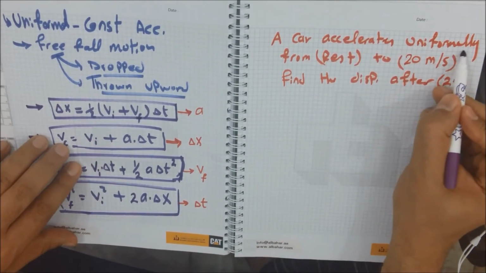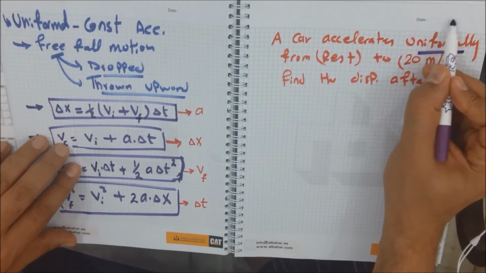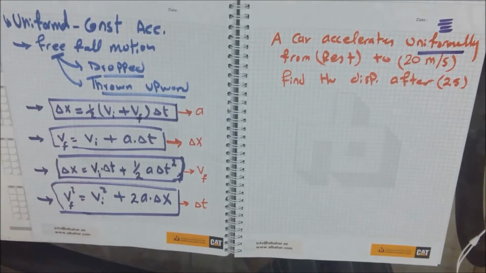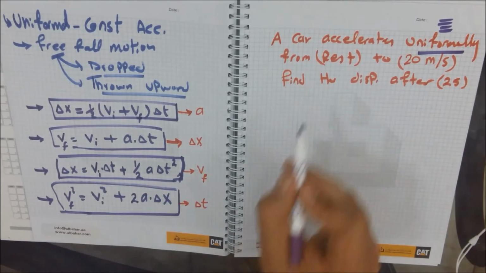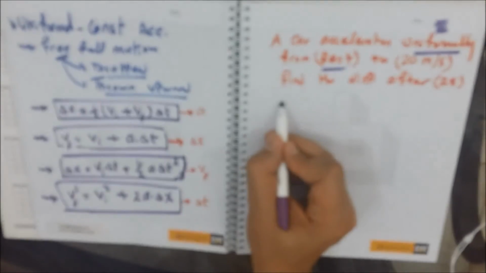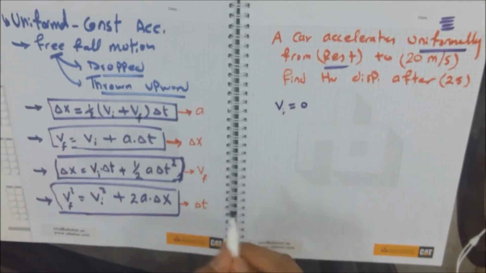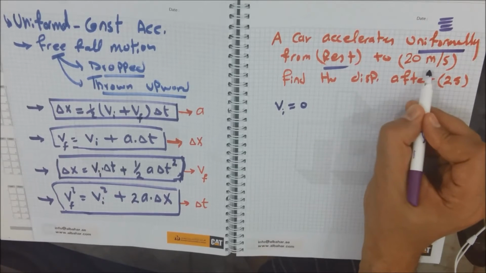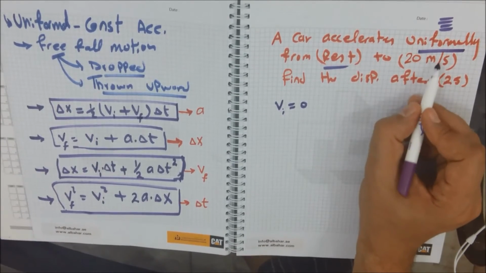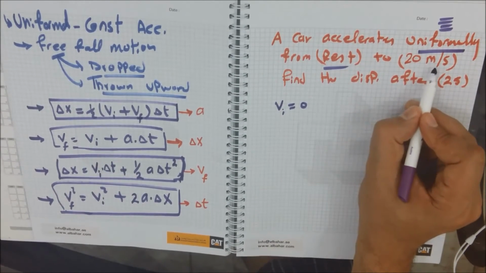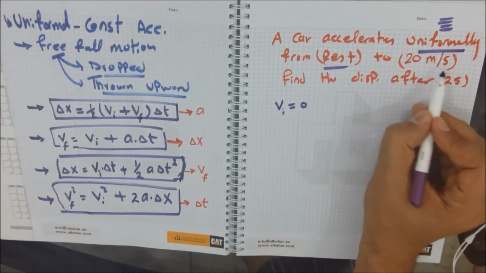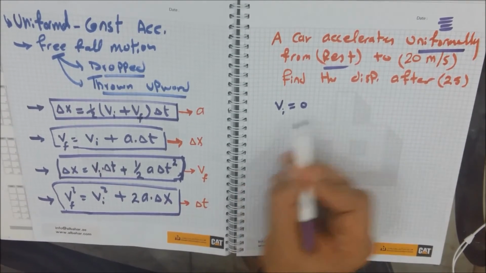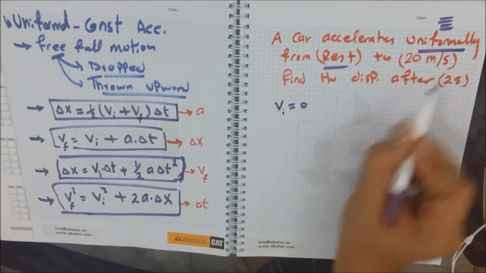It accelerates uniformly. This means that I have to use one of the 4 kinematic equations. And it moves from rest, so Vi is equal to 0, to 20 meters per second. Look at the unit, which is meters per second. So this is a velocity, not an acceleration, because an acceleration would be meters per second squared.